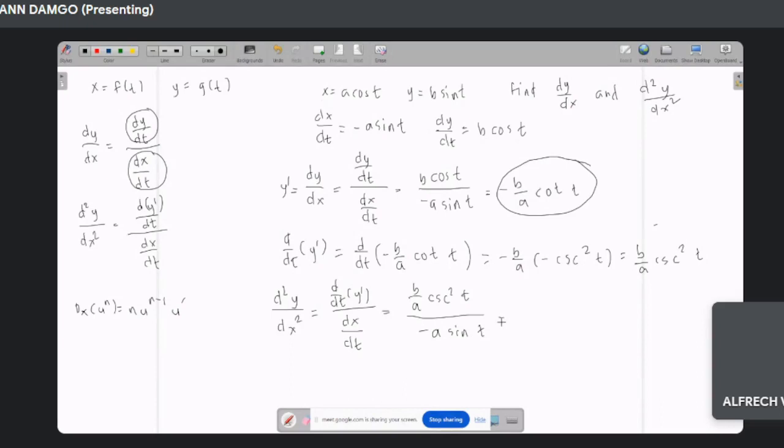Okay? So, simplify. This is negative b over a squared cosecant cubed t, because 1 over sine t is equal to cosecant t. It becomes cubed. And this is the final answer.